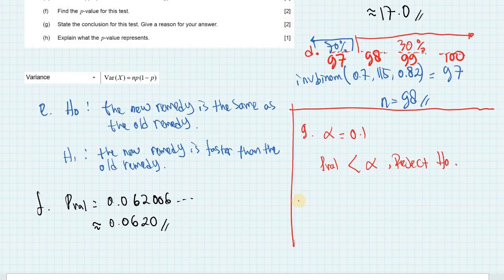Question H: explain what the p-value represents.